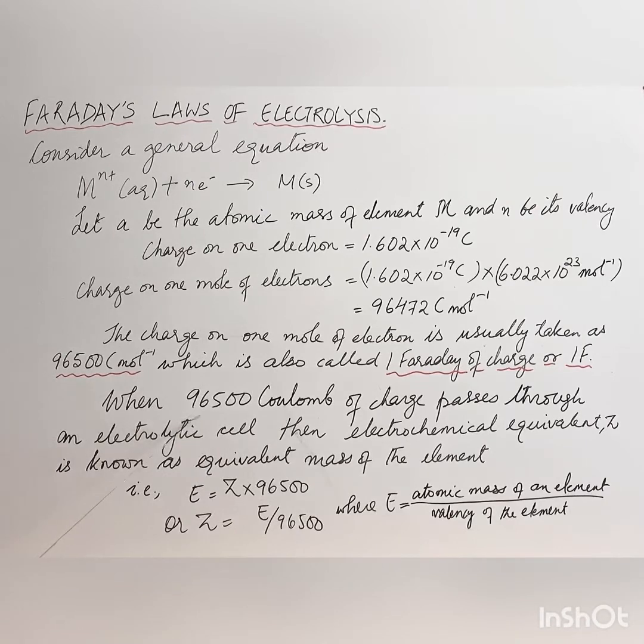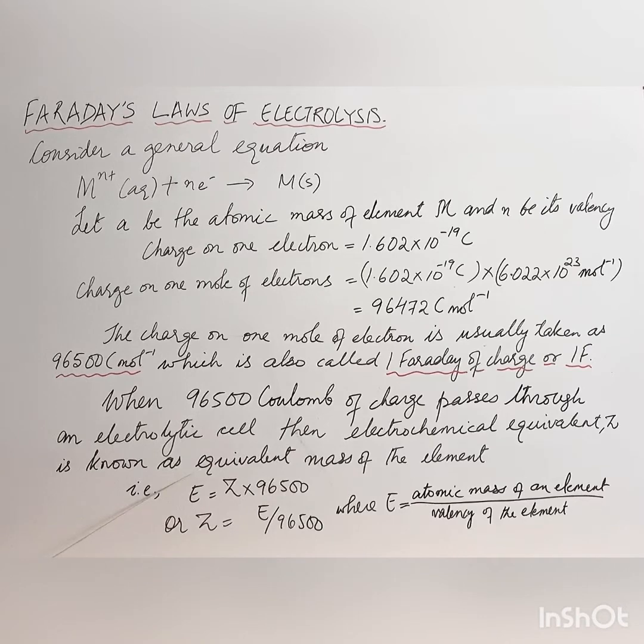So now when 96500 coulomb of charge passes through an electrolytic cell, then the electrochemical equivalent is also known as the equivalent mass of the element. So when this much charge passes through the electrolytic cell, the product of electrochemical equivalent with this charge gives us a quantity E. And what is E?